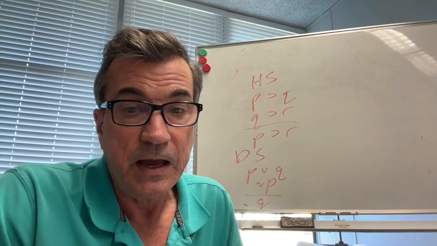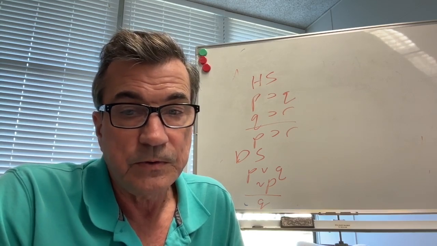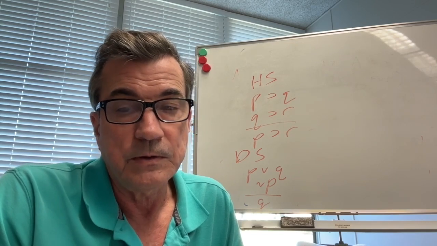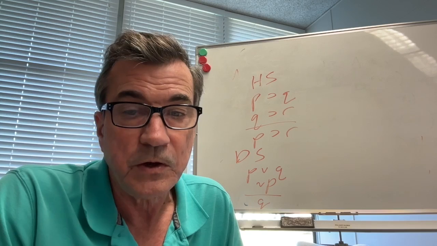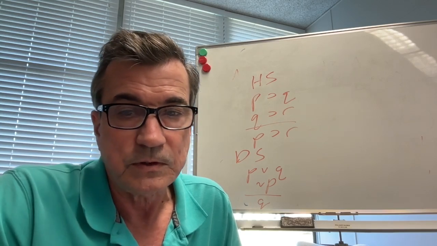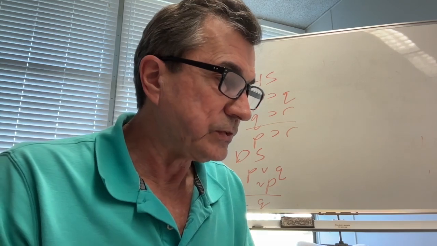So either you pass or you fail. You didn't fail, therefore you passed. That would be the disjunctive syllogism. Okay, all right, five and six.